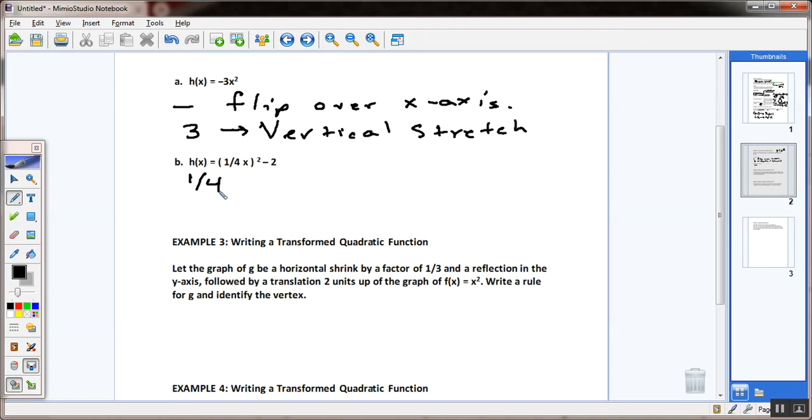What I want you to get in the habit of is writing down what each part does. See how I'm writing the negative right here? The negative sign does this. The 3 does this. The 1/4 is my horizontal stretch.